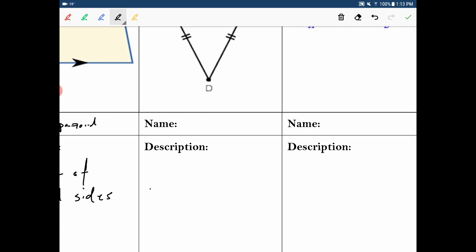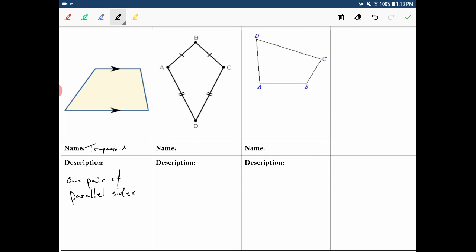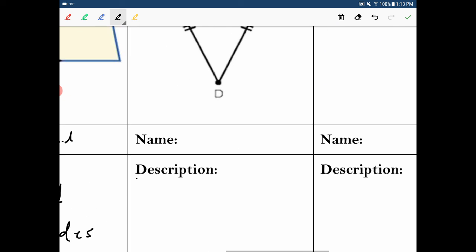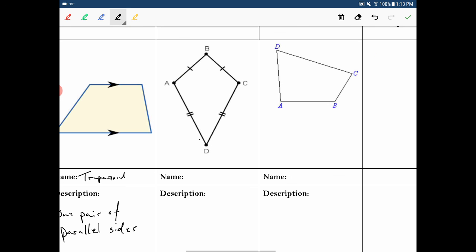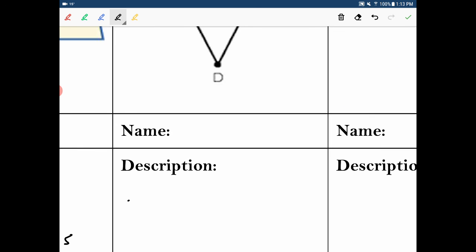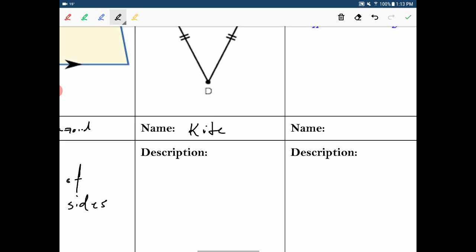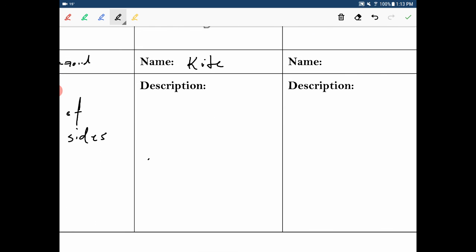So the one that you maybe haven't necessarily talked about, often people will look at this guy and get it mixed up with a rhombus, but you can see we have 2 different side lengths here, and this makes it a kite. It's not that hard to remember because it looks like a kite. But what makes it a kite is 2 pairs of equal adjacent sides.